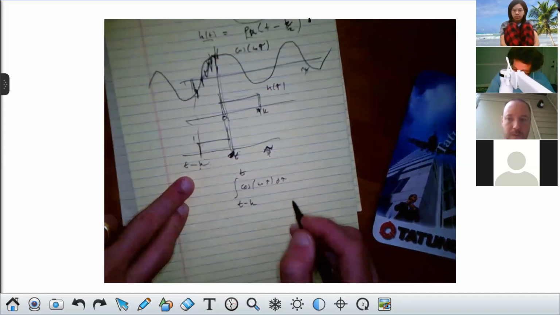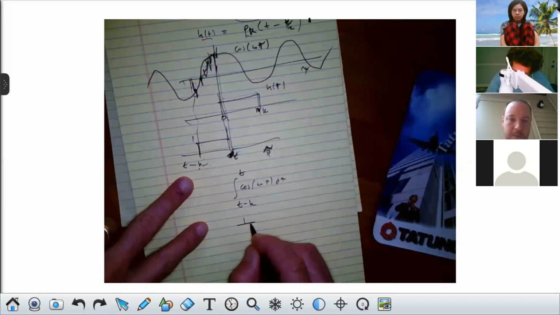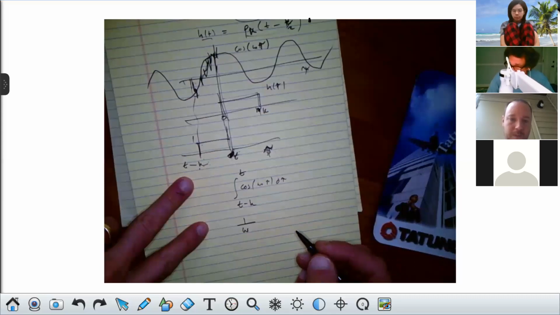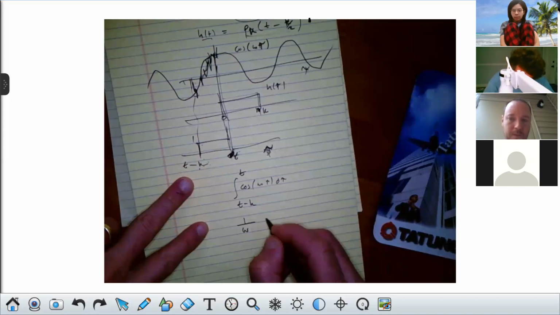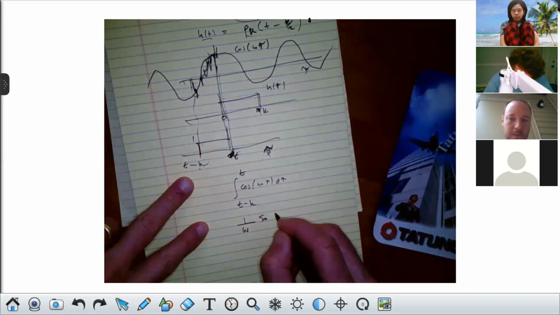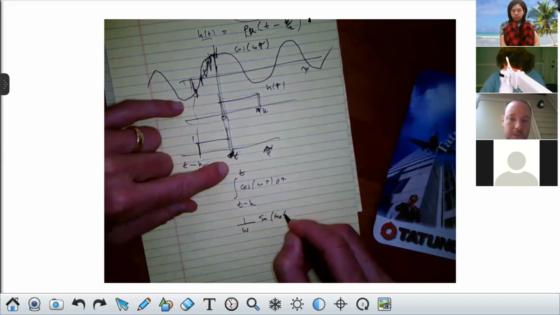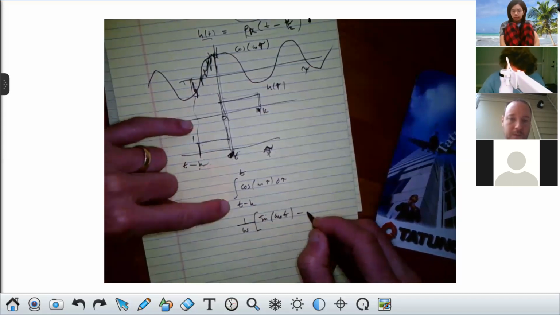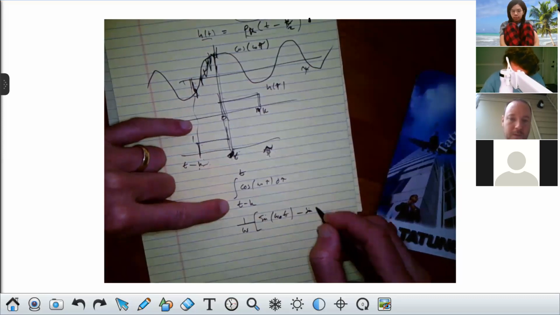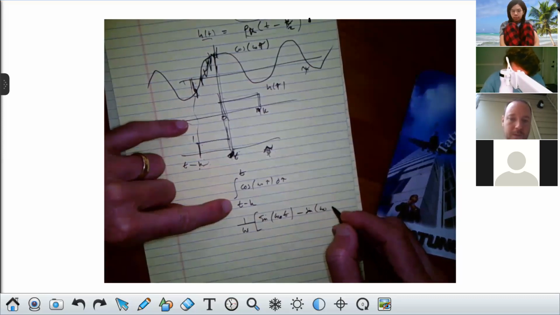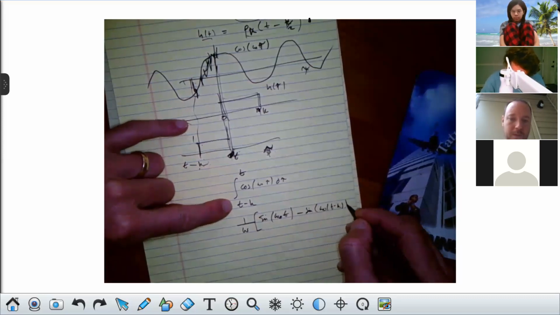Now that integral is what? Well, that's 1 over omega naught. The integral of a cosine is a positive sine, right? Sine of omega naught evaluated at the first limit t, minus sine of omega naught at the lower limit, t minus k, correct?